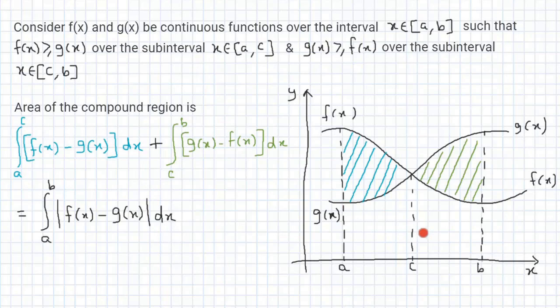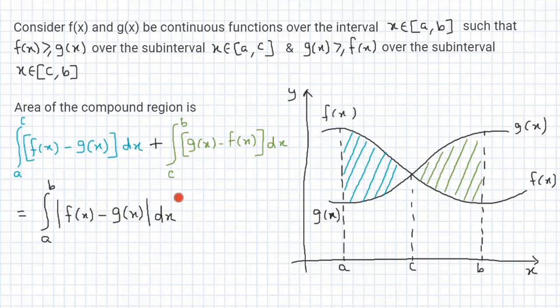Similarly, over the subinterval c to b, the function g(x) is greater than or equal to f(x), so the area of this region will be the integral over c to b of g(x) minus f(x). Now these two expressions can be given by a single expression, which is the integral over a to b of the modulus of f(x) minus g(x) dx. This modulus is called the absolute value function.